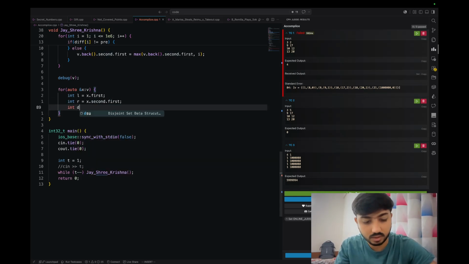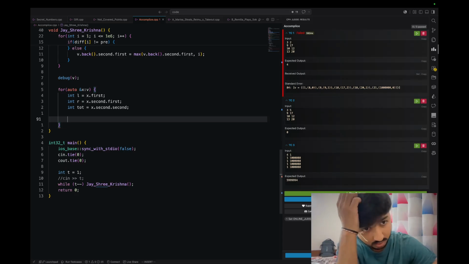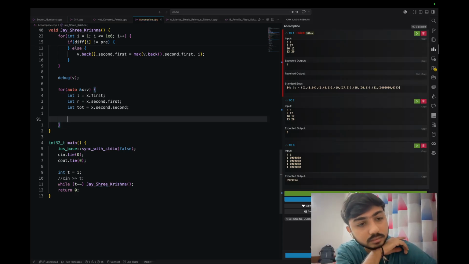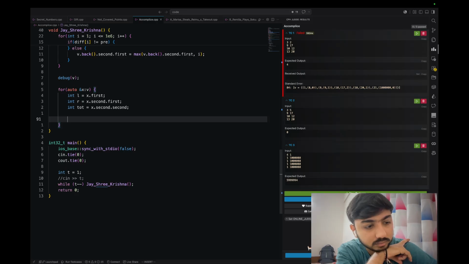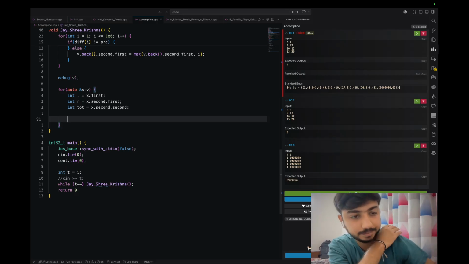And let's call it total, how many intervals got merged, that is x dot second dot second. L, R, and total.